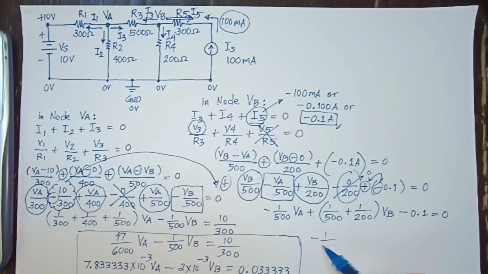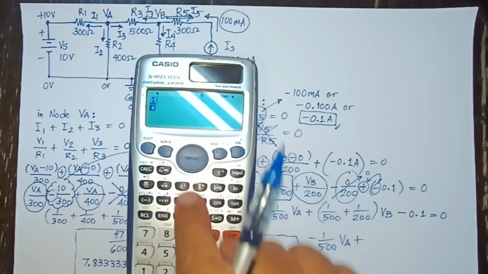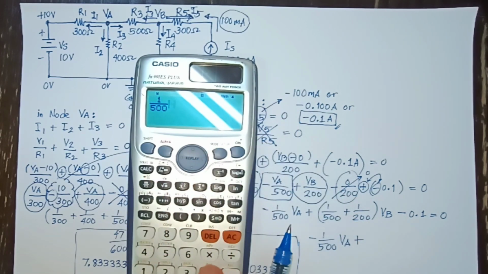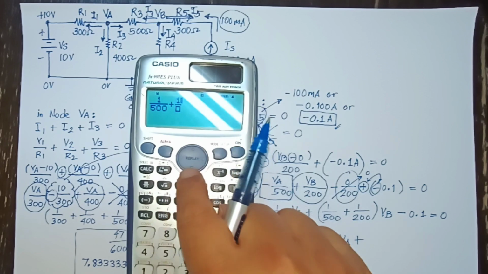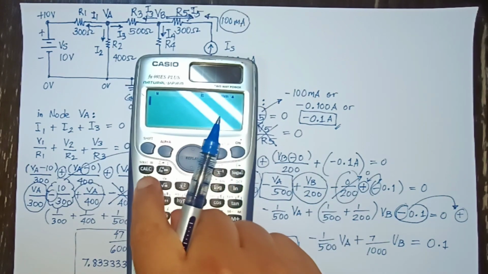Let's write it again: negative 1 over 500 VA plus, let's use the calculator, 1 over 500, using the fractional function, plus 1 over 200 equals, we get the answer of 7 over 1000 VB, and the negative 0.1, we can move it to the right, it will become positive. So we will write here equals 0.1 only without minus.